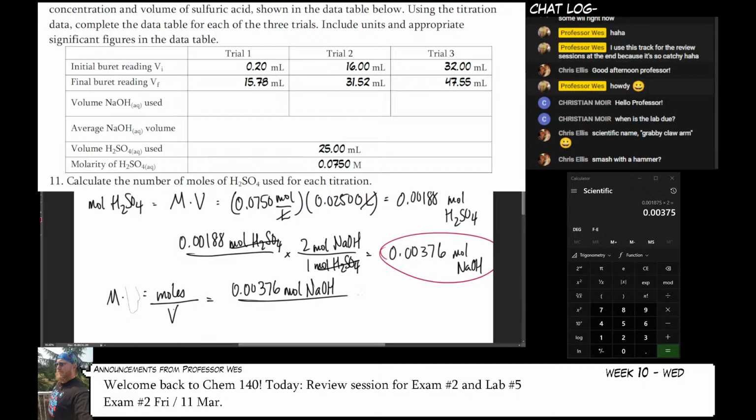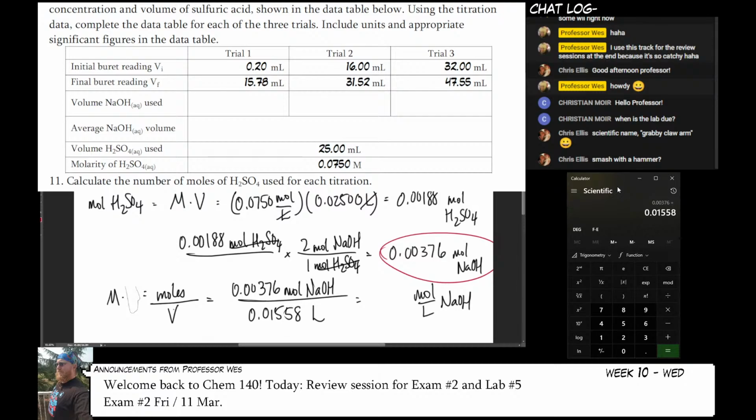So I've got that many moles of sodium hydroxide, and then I calculated this was our volume. Remember, volume has to be in liters, or else the calculation doesn't work. Then what you get isn't moles per liter. And when we do this calculation, we should get real close to 0.25.